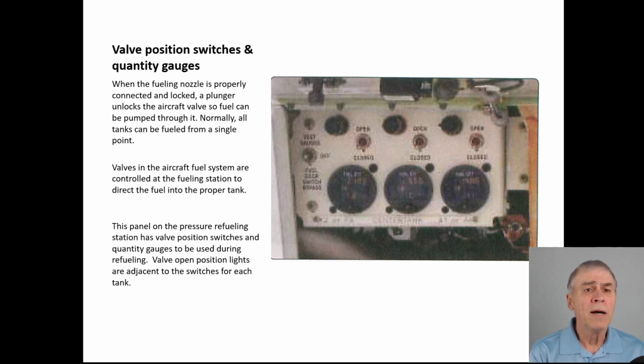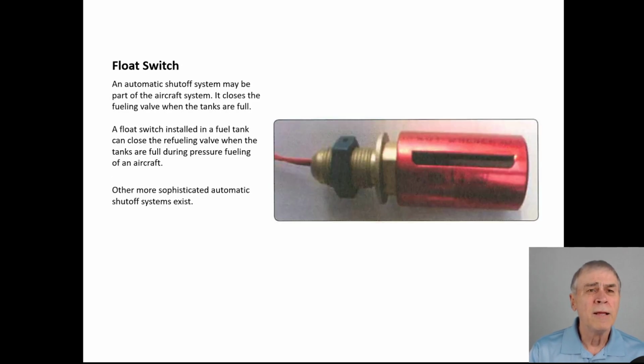This panel on the pressure refueling station has valve position switches and quantity gauges to be used during refueling. Valve open position lights are adjacent to the switches for each tank, which I can't see clearly in this picture.